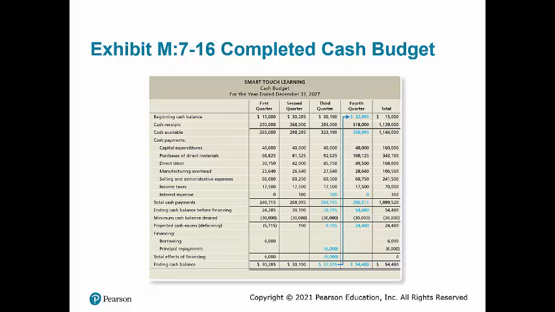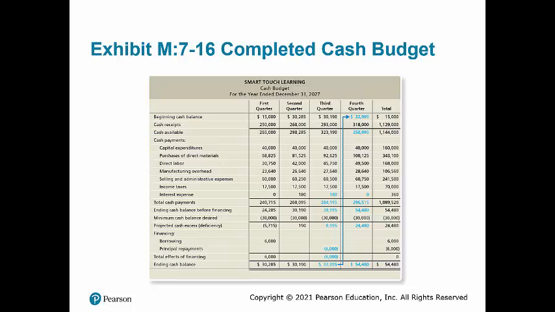Smart Touch Learning owed no interest in the fourth quarter because they had completely repaid the $6,000 loan, and we can see the projected ending cash balance before financing of $54,480 did exceed the minimum cash balance by $24,480, so no additional borrowing was needed in the fourth quarter.